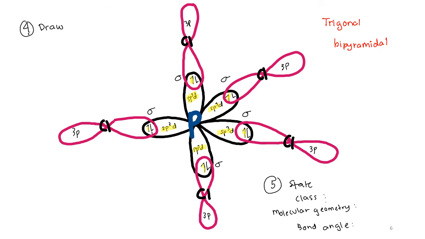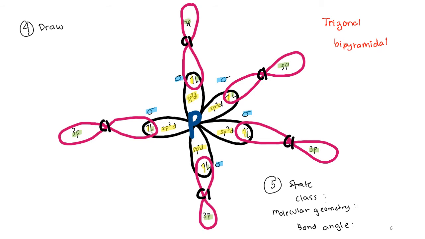For chlorine, make sure you label them as 3p orbital, because the single electron is from 3p orbital. When you draw the overlapping, make sure to label the sigma bond at each overlapping, beside the overlapping of the electrons.